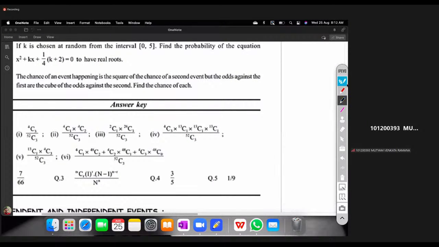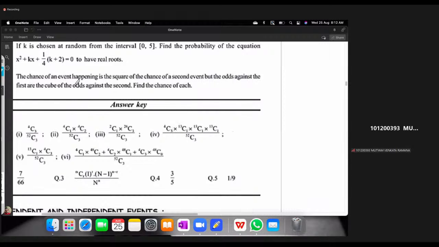What they are asking is, the chance of an event happening is the square of the other. Probability of E1 is equal to probability of E2 whole square. So probability of E2 is equal to x, probability of E1 is equal to x squared.